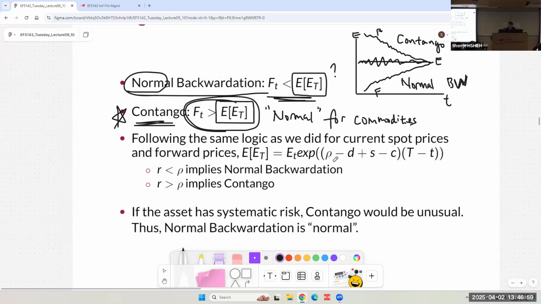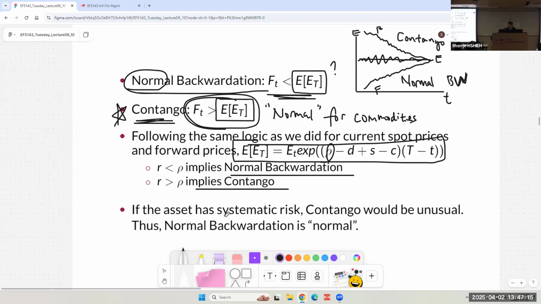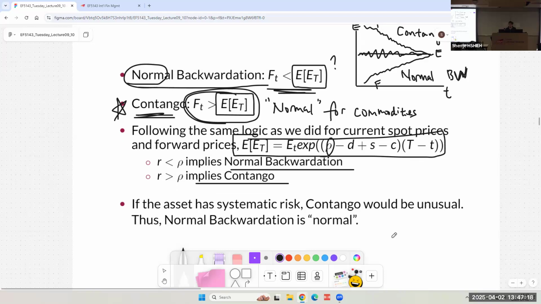So if you want to just solve for rho, you get the same conclusion. So suppose you're able to rewrite expectations in this model, you solve for rho. If rho is greater than R, then it's normal backwardation. If it's less than R, it's in contango, right? So, right. So here I wrote, if there's systematic risk, contango is unusual and this is normal.